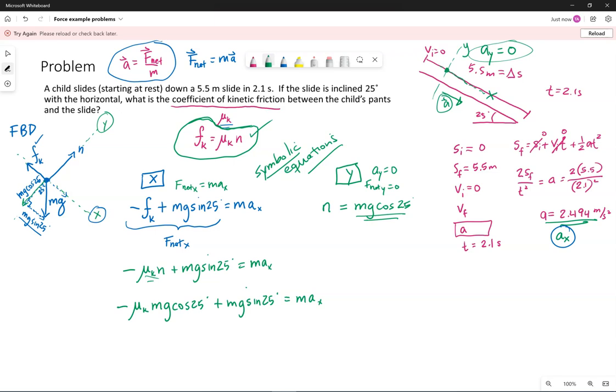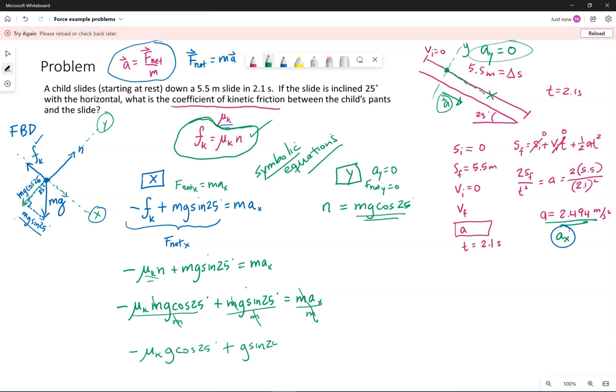It's at this step, if I divide every term by m, the mass is canceling out. So we do not actually need to know the mass of this child to calculate the answer.